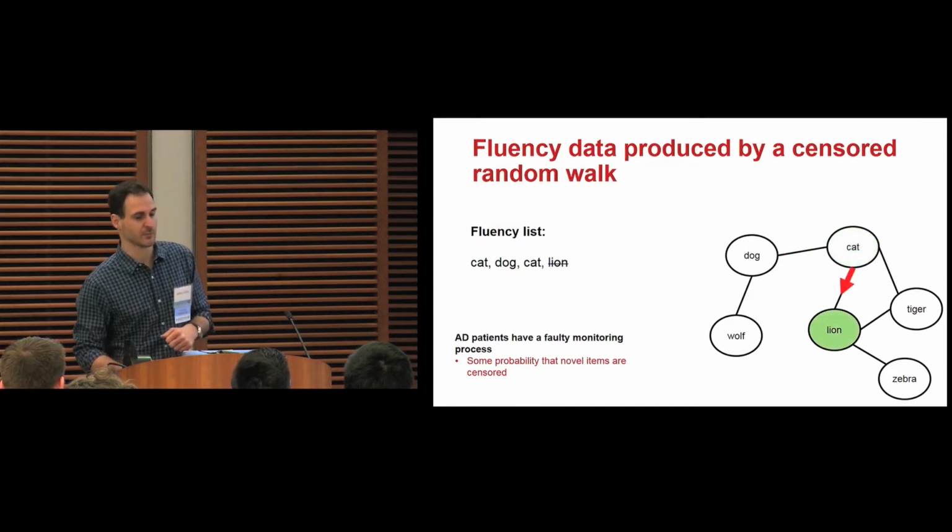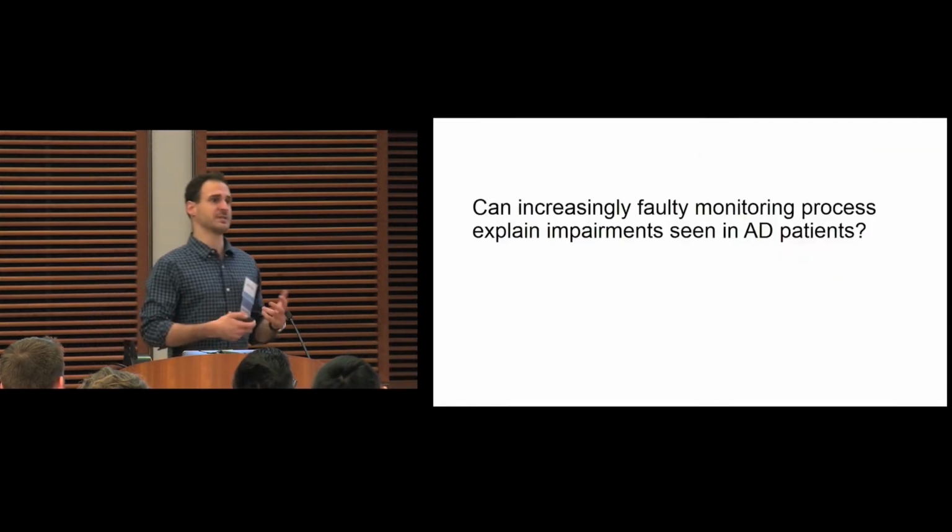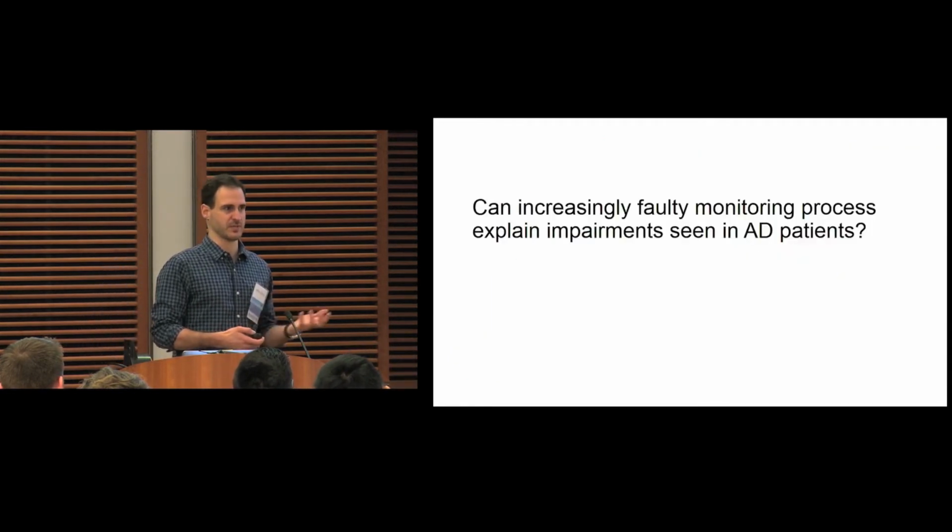And similarly, there's some probability that you might traverse to a new node, such as lion, but for Alzheimer's patients, it's censored, even though it shouldn't be, because it's a new node. So we wanted to understand whether an increasingly faulty monitoring process with this modeling framework could explain the impairment seen in Alzheimer's individuals.